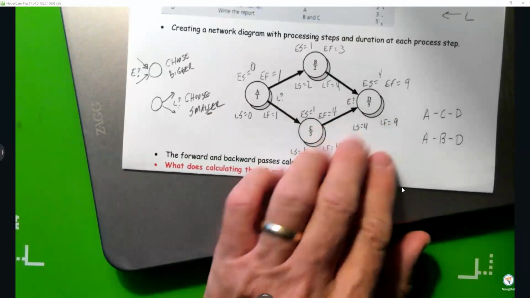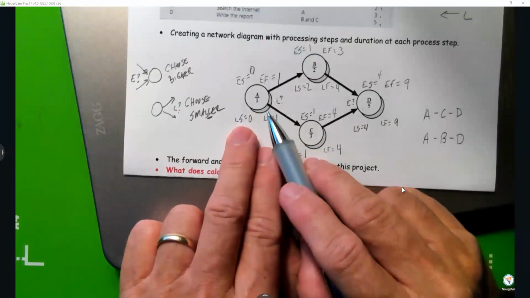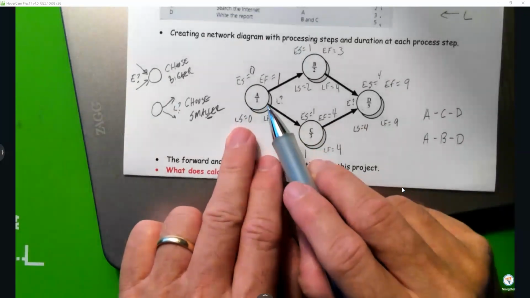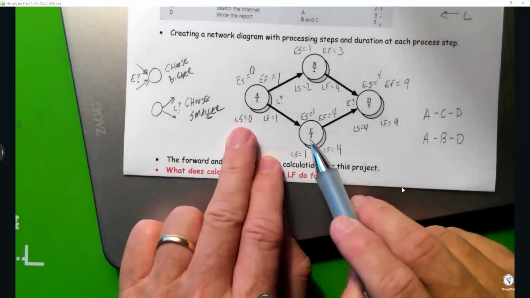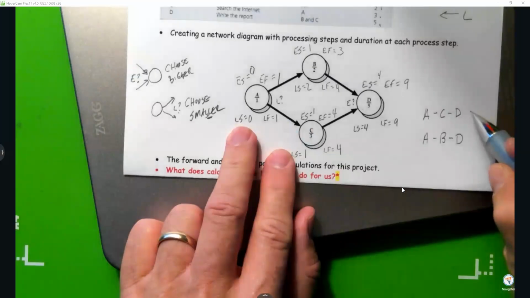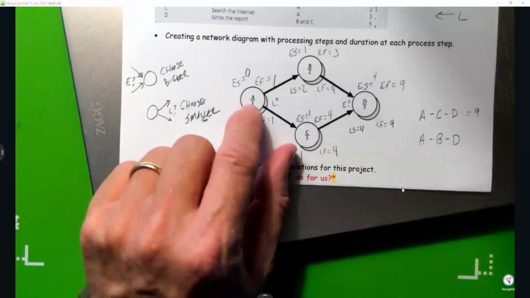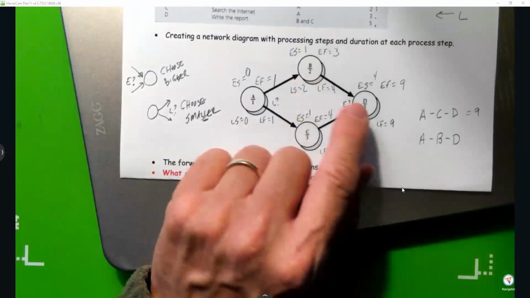So if I look at the ACD path, I go 1 plus 3 is 4 plus 5 is 9. That one takes me 9, ACD. This one takes 1 plus 2 is 3 plus 5 is 8.